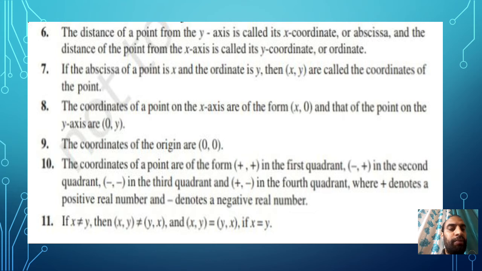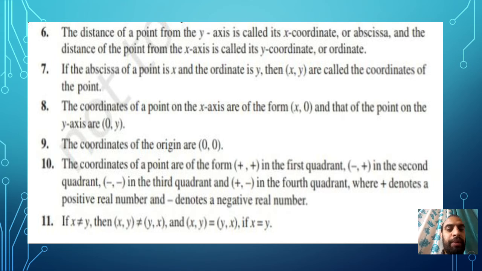If both are negative, like -1, -1, -3, -9, -5, -7, such values lie in the third quadrant. If the first is positive and the second is negative, like 2, -3 or 5, -9, such values lie in the fourth quadrant, where the positive sign denotes a positive real number and the negative sign represents a negative real number.